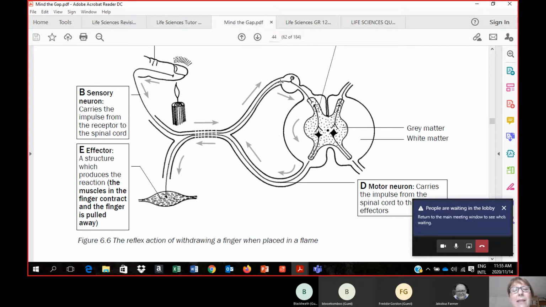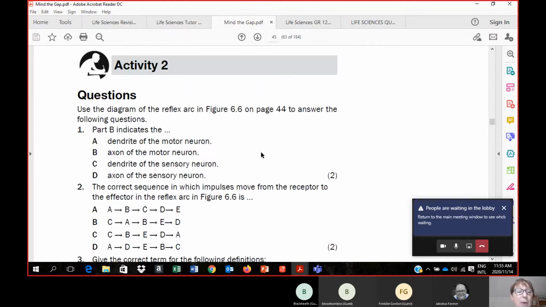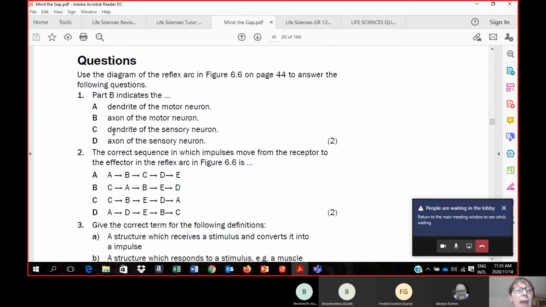So that would be the dendrite, because the axon is this part which conducts impulses away from the cell body. So the answer over there would be the dendrite of the sensory neuron, but you don't write that down, you write down C.